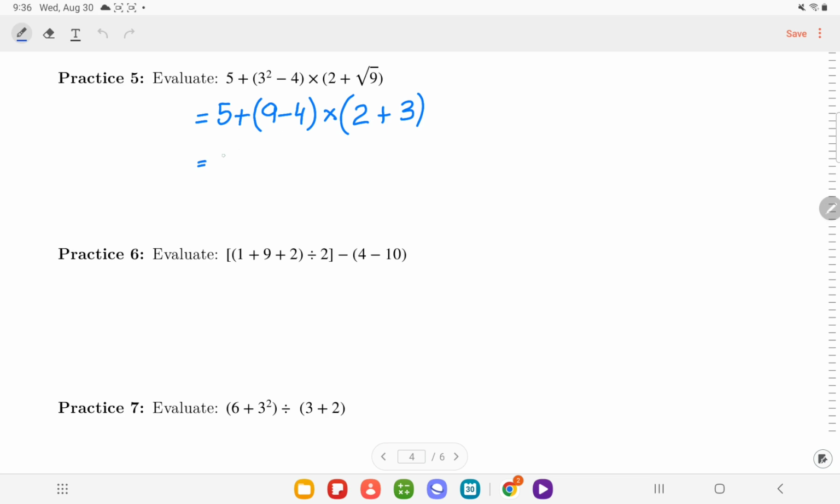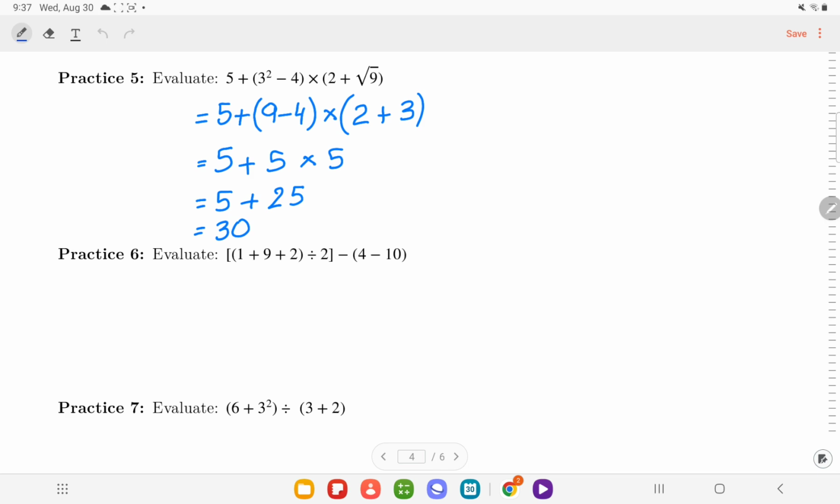Next, we do the brackets. 5 plus 9 minus 4 is 5, times 2 plus 3 is 5. Finally, we have to do multiplication before addition. 5 plus 25. The final answer, 30.